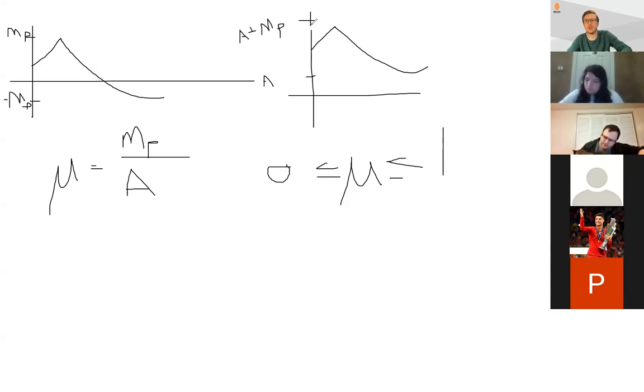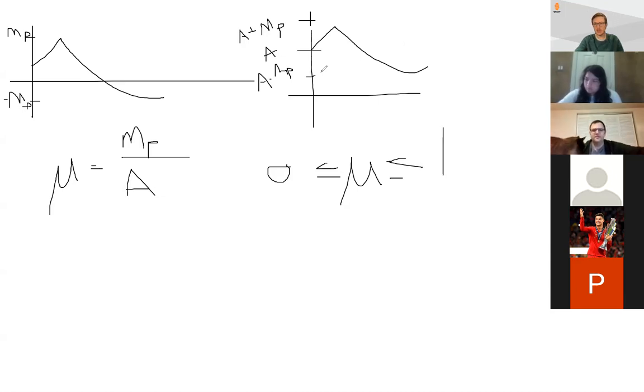So the higher we shift it, actually this is not A. Yeah, the higher we shift it, the lower mu gets. So that's the relationship between them.